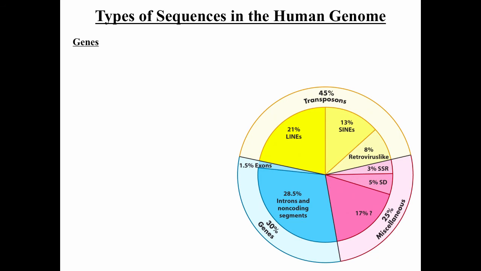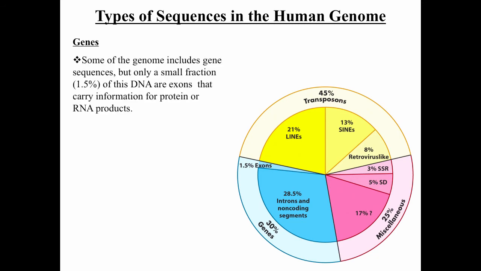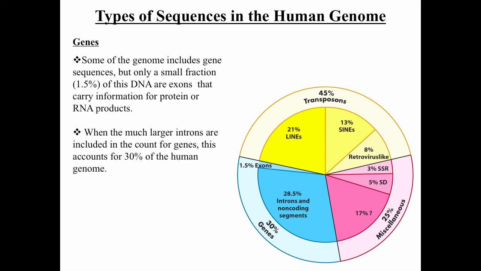Okay, so in terms of the types of sequences in the human genome, let's just consider genes. If we just look at the exons, the part of the human genome that's going to be encoded into protein, that's only about 1.5% of the human genome, which actually carries information for making protein or RNA products.